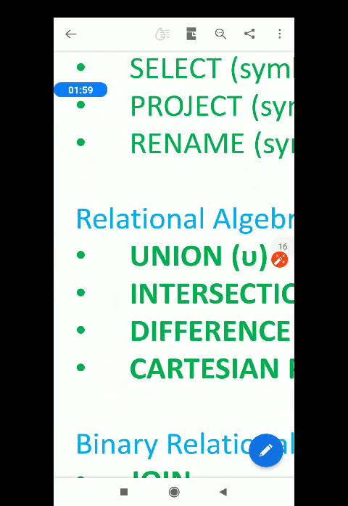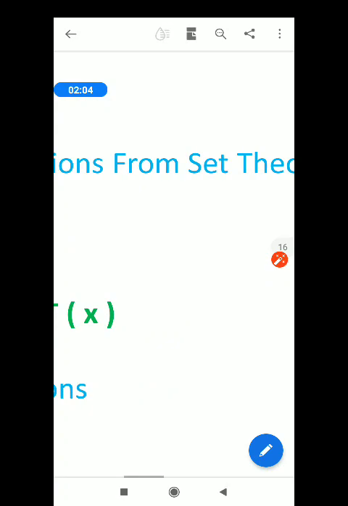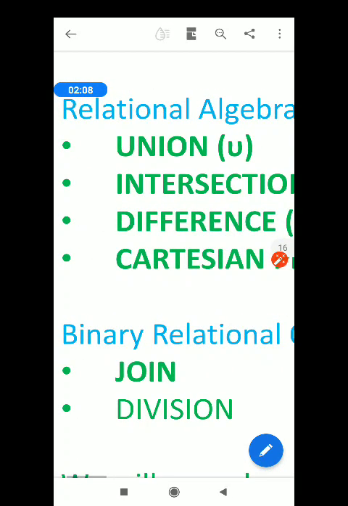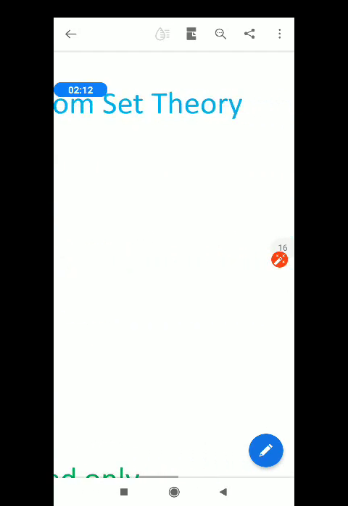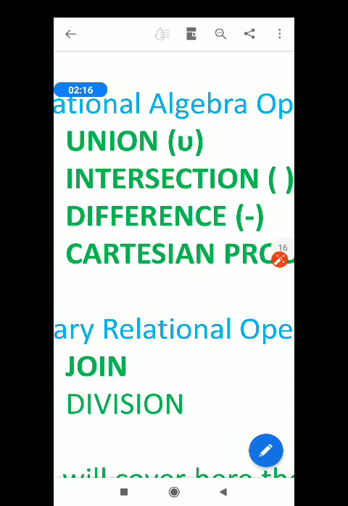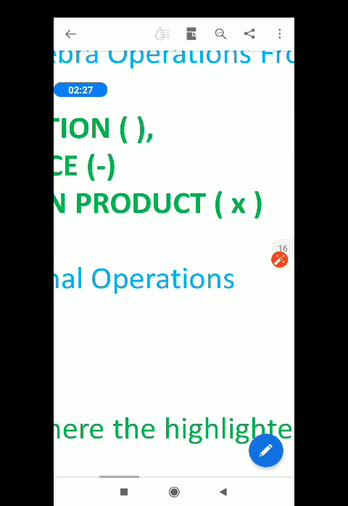And the second one is relational algebra operations from set theory. And we have number 1 union, number 2 intersection, number 3 difference, and number 4 Cartesian product.